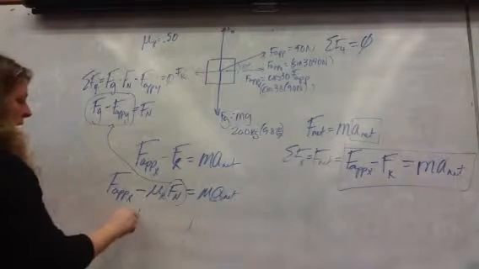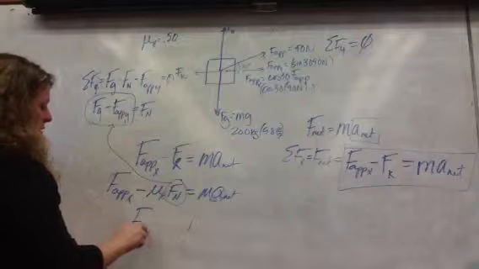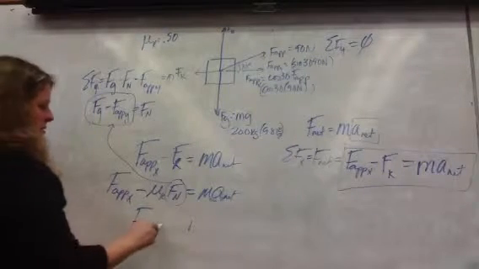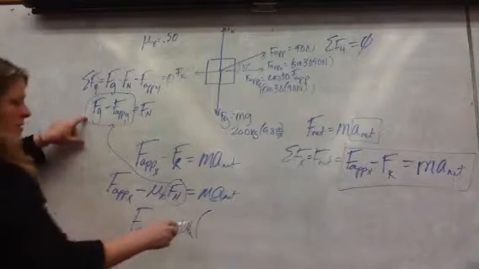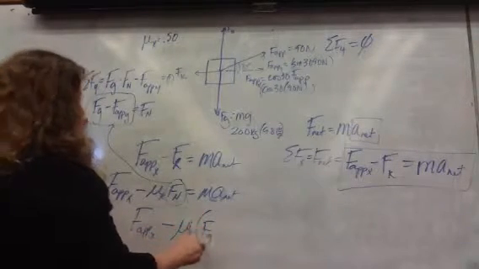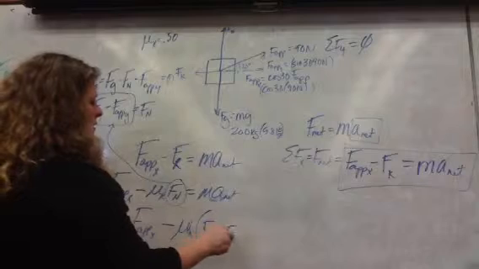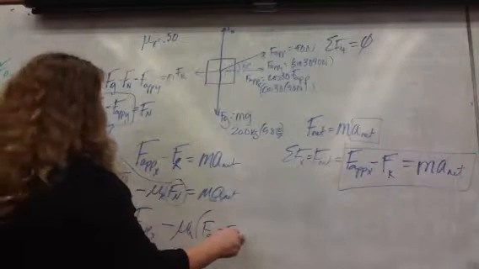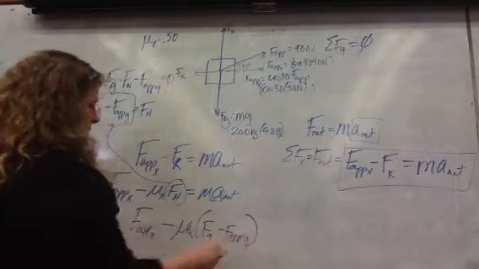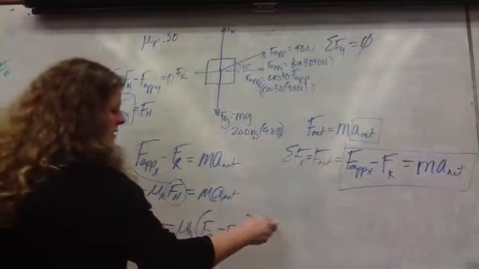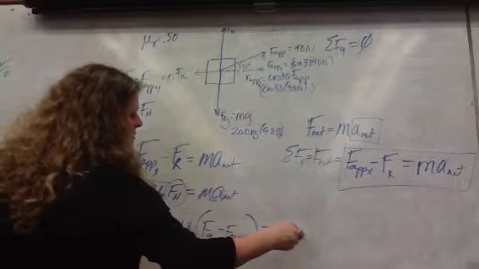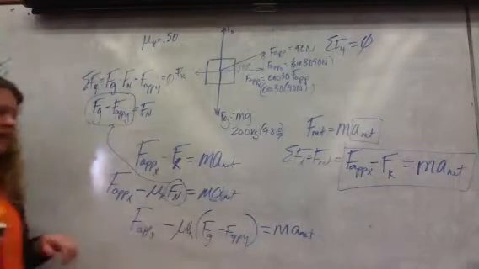So now what we have is force applied x minus mu k times F sub g minus force applied on the y, because we inserted this expression, is equal to the mass times the net acceleration.